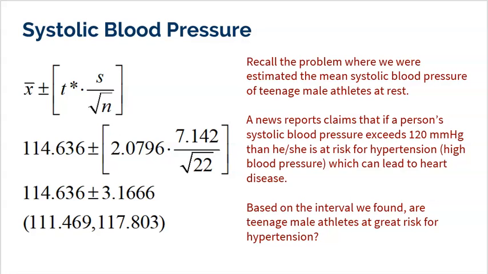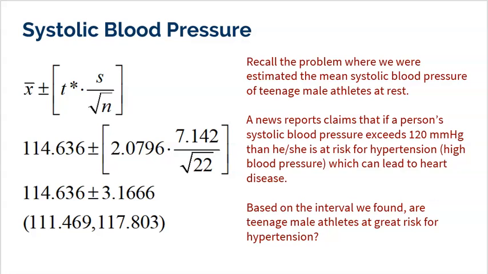Now remember, I'm looking for a mean here. I'm talking about the mean of all teenage athletes. So generically speaking, no, a male teenage athlete should not be overly concerned that they are at risk for hypertension because my interval shows that the truth is somewhere lower than 120, 111 to 117. But does that mean that any one person could be at risk? Well, of course.